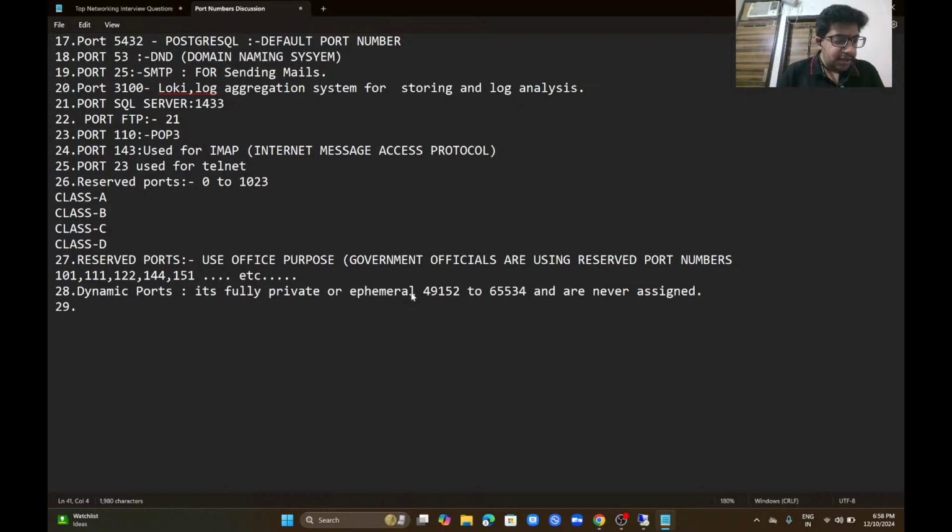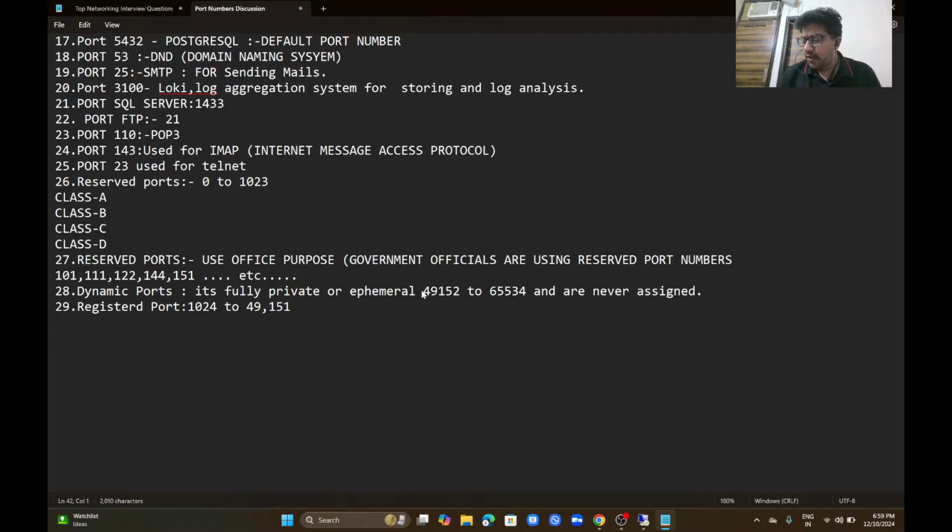Okay, registered port numbers. These registered ports are 1024 to 49,151. 49,151 port numbers are registered port numbers. We cannot assign them to all other port numbers.